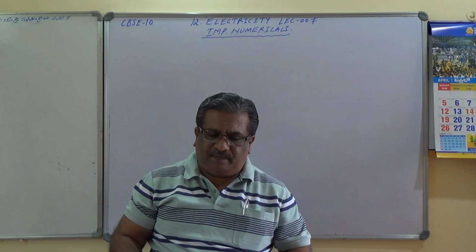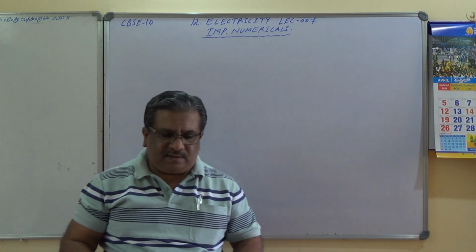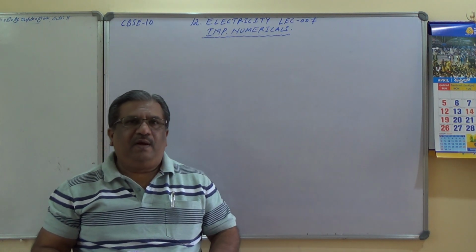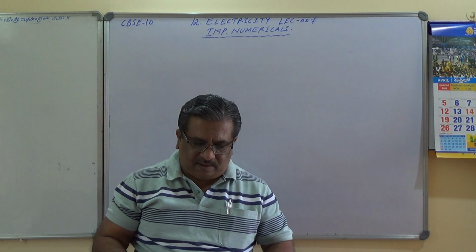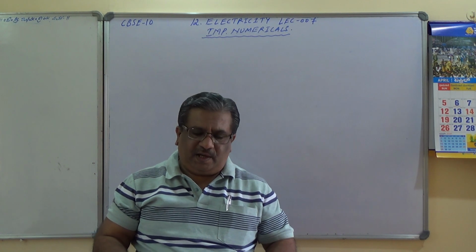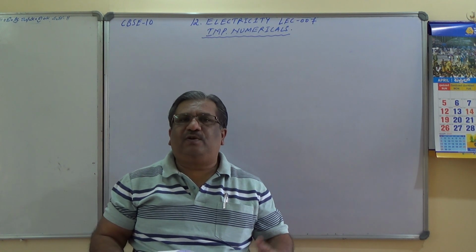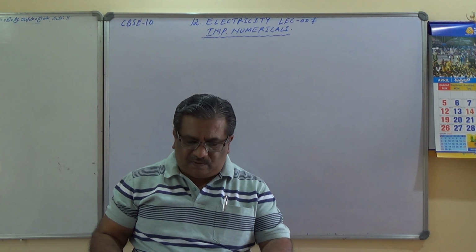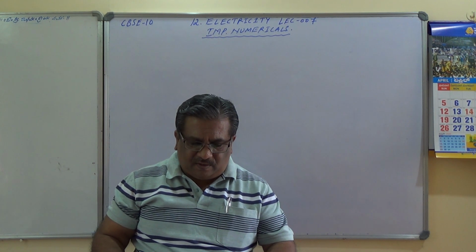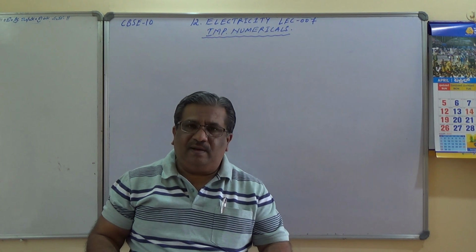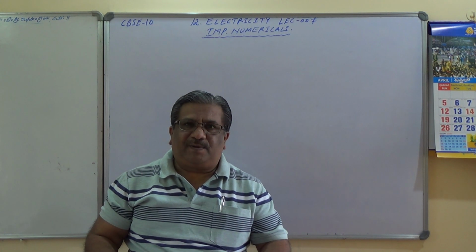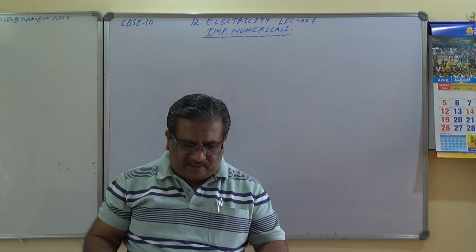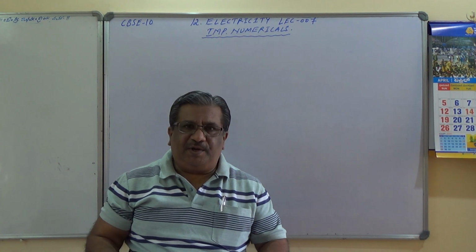If we connect them in series, which glows brighter? If we connect them in parallel, which glows brighter? It is a conceptual working, but in order to work it out, let us calculate the powers and then see which glows brighter in which case.